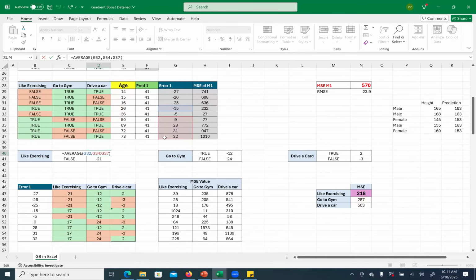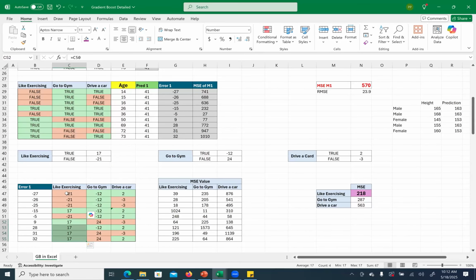I have taken the average of wherever the value of this variable was true. Similarly, for false, I have taken the average wherever like exercising was false. So 17 becomes my prediction wherever like exercising is true, and minus 21 wherever it is false.